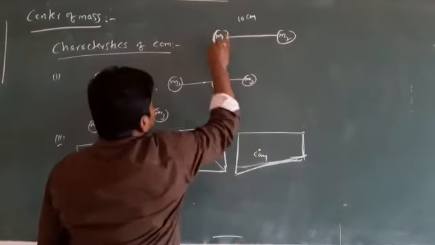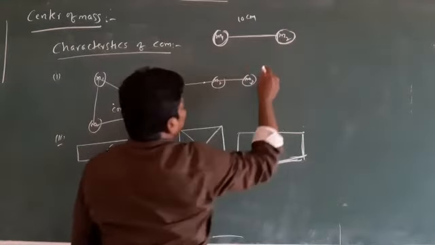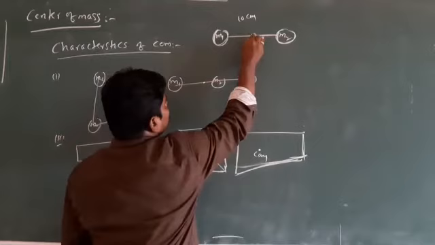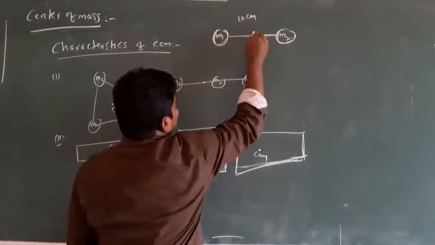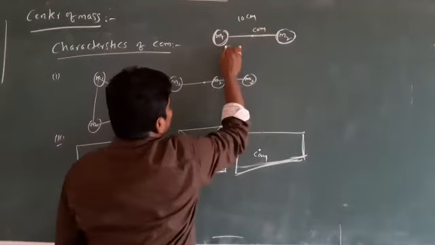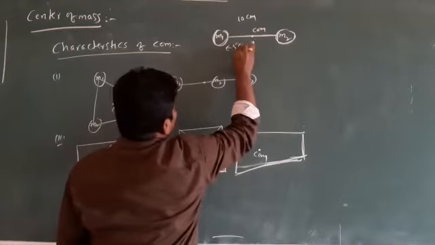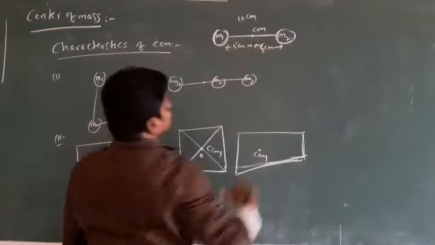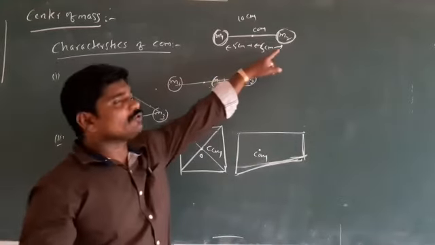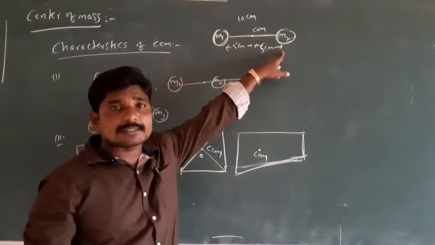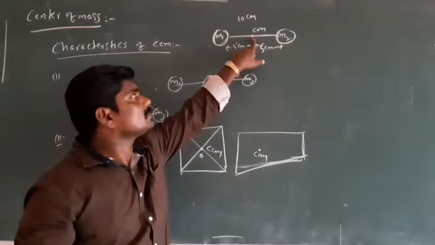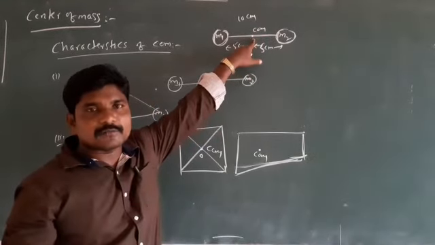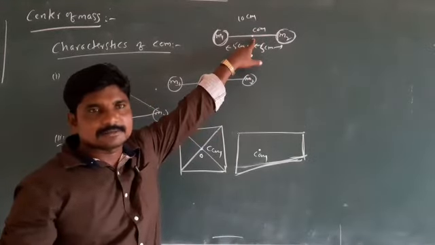Now the center of mass of these particles is present at the midpoint, at equal distance from the two masses: 5 cm, and this is also 5 cm. If the two bodies have equal masses, the center of mass is at the geometrical center. It is the midpoint of the line joining the two masses.